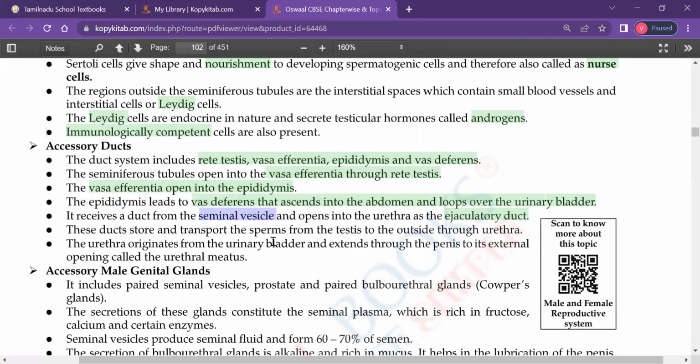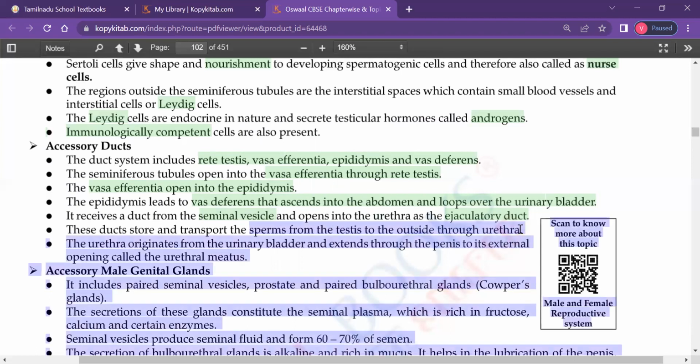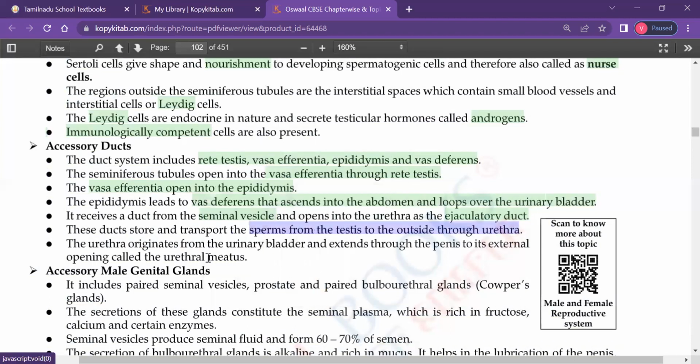These ducts store and transport the sperm from the testis to the outside through the urethra. The urethra originates from the urinary bladder and extends through the penis to its external opening called the urethral meatus.